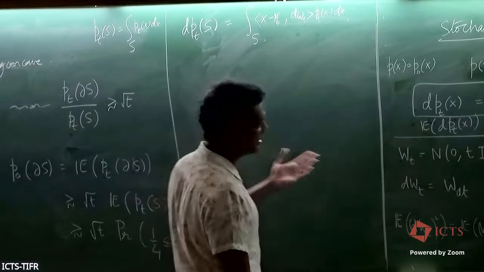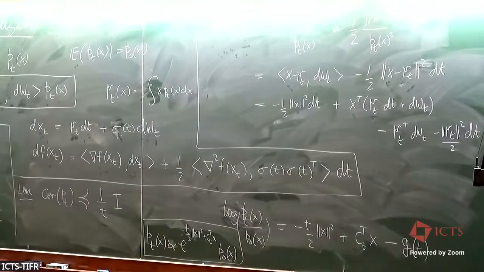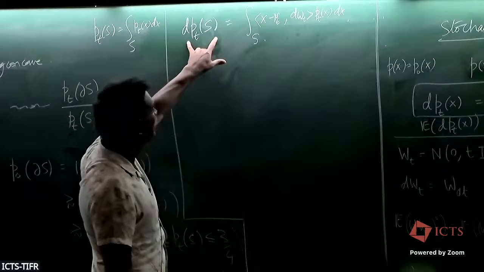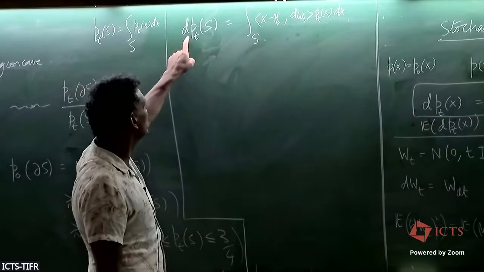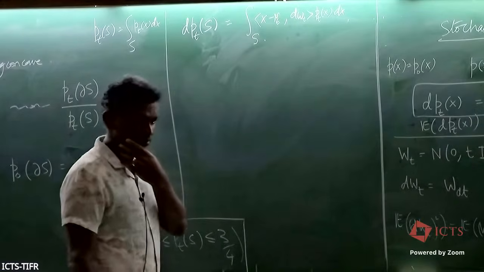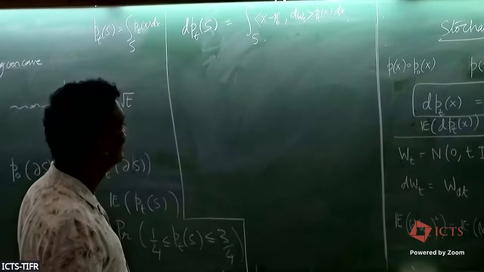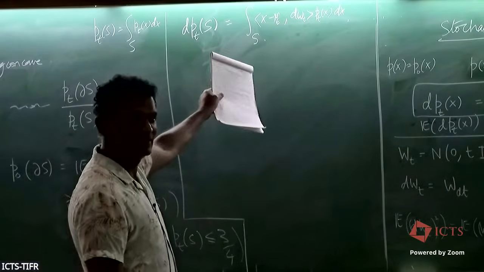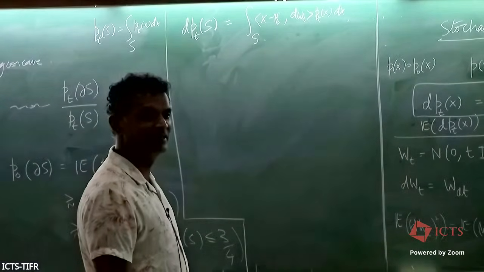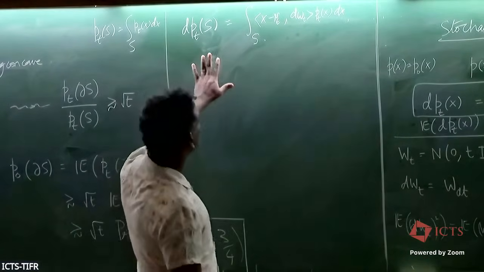This is over time, so the d is referring to time. What I'm saying is that here there was pt of x, and on the right you have pt of x. So you could think of pt of x as the random variable.